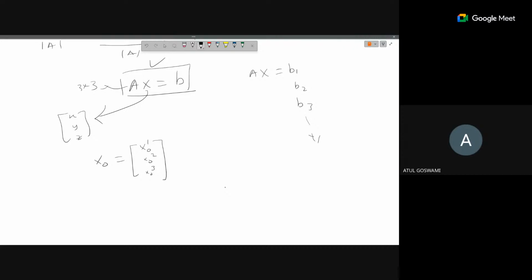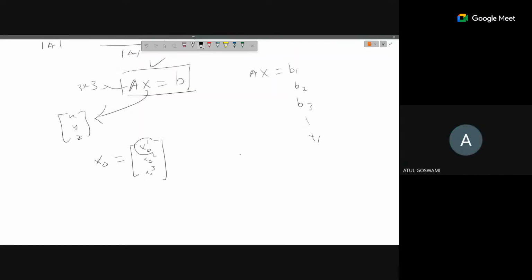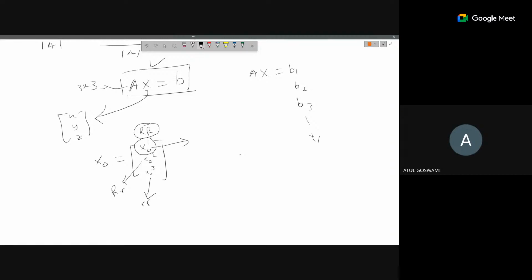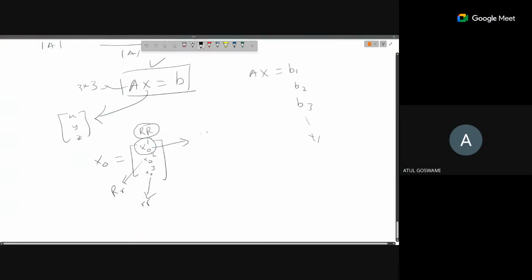What is the initial distribution of R? Both initial distributions of capital R are equal. So this is corresponding to capital R, and this is corresponding to this one. We have been given the initial distribution of R, which is 1 by 3, so this is known.